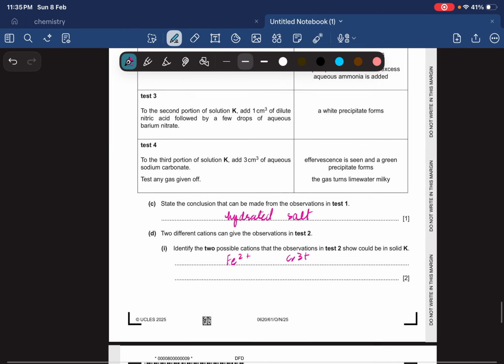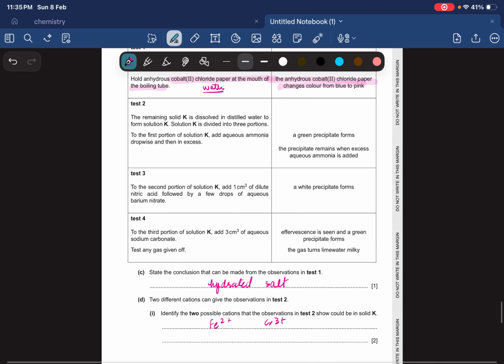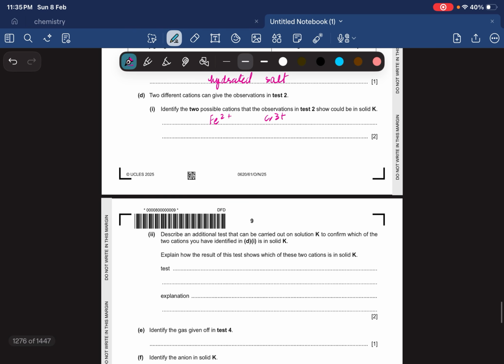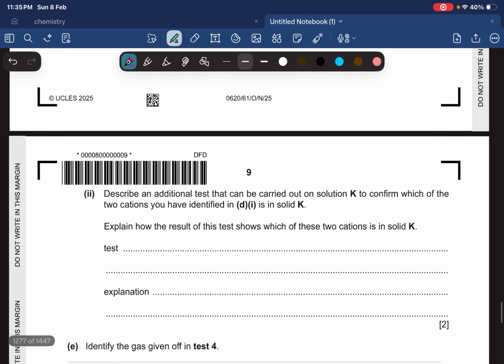Now what did you add? First, you add ammonia. Now, if you add NaOH, the Cr3+ is going to dissolve, but Fe2+ is not going to dissolve. Describe 2 additional tests that can be carried out on K to confirm which 2 cations you've identified in solid K. Simple, add excess NaOH.